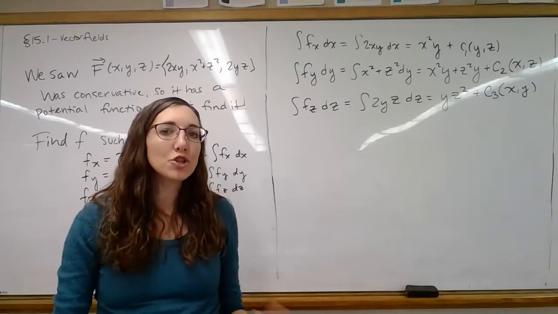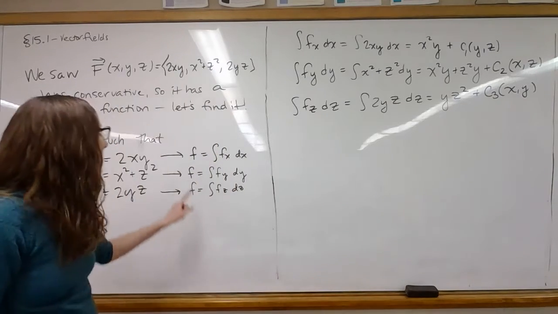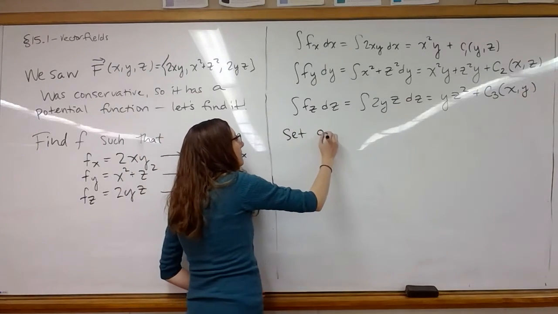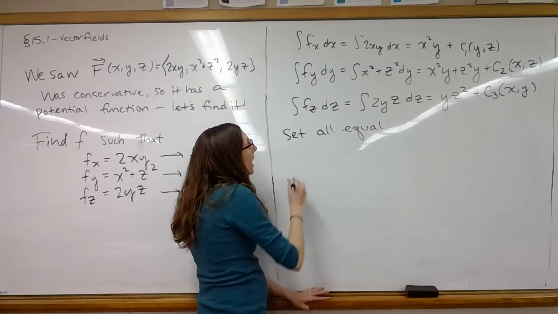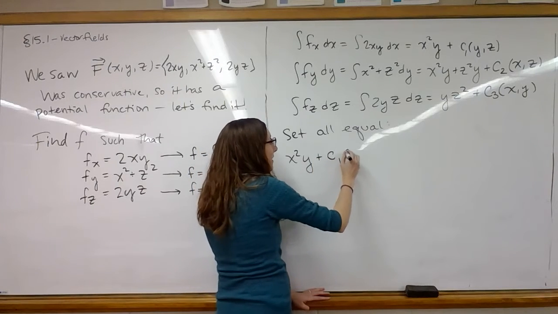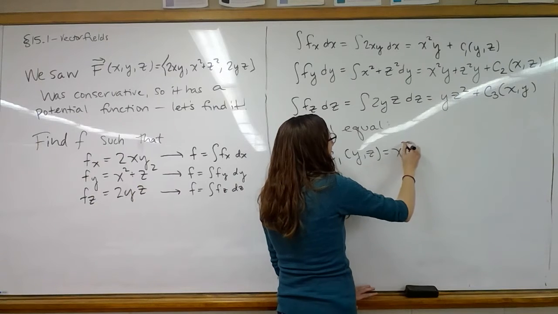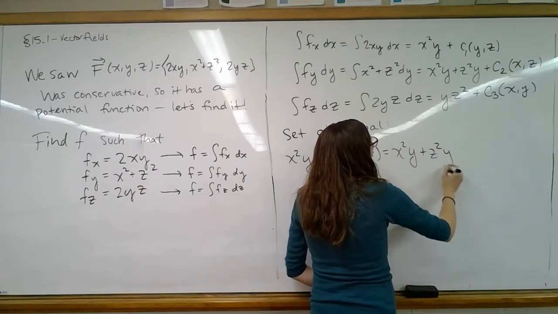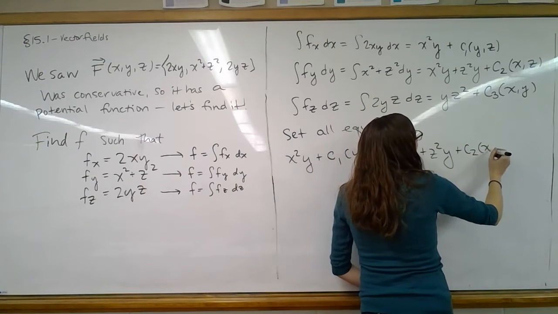All of these, though, should be the same function. They should all be f, right? F should be each of these. So now let's set them all equal. So I have the x squared y plus the c1 of yz should be the same as x squared y plus z squared y plus c2 of xz.